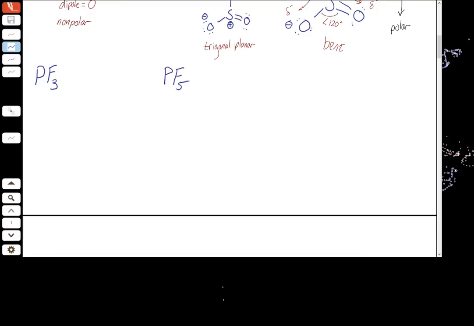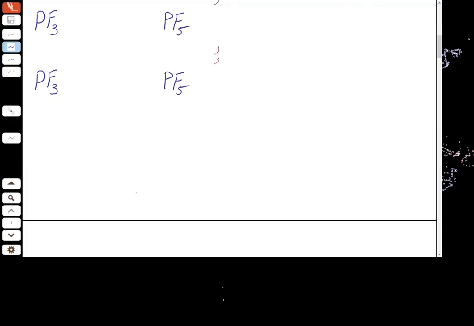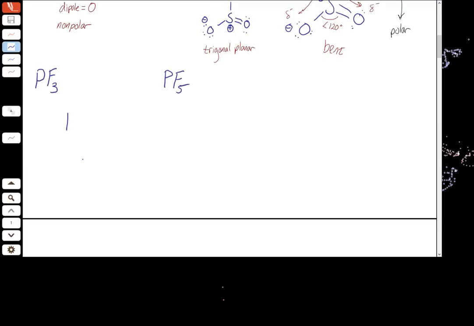All right, did you get a chance to draw some of these? So hopefully, we're going to skip a couple of the basic steps, but hopefully you found that PF3 ends up being a trigonal pyramidal shape because of the lone pair. I'm going to exaggerate the pyramid a little bit just for the purposes of this.